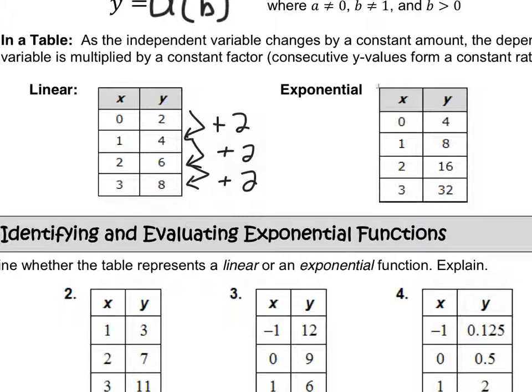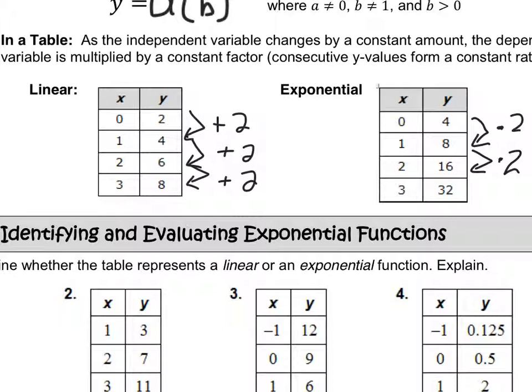Now on exponential, if we look at this table, if I said plus 4, it wouldn't work for my next one. So what's happening really is we're multiplying. To get from 4 to 8, we're times 2. And again, times 2.